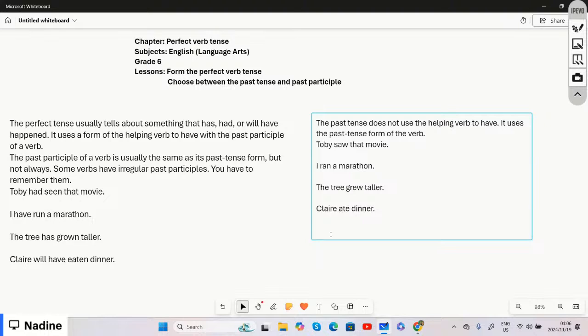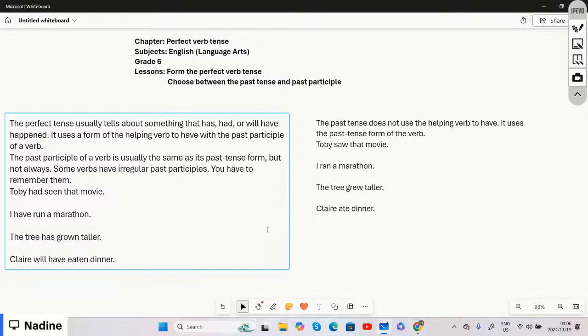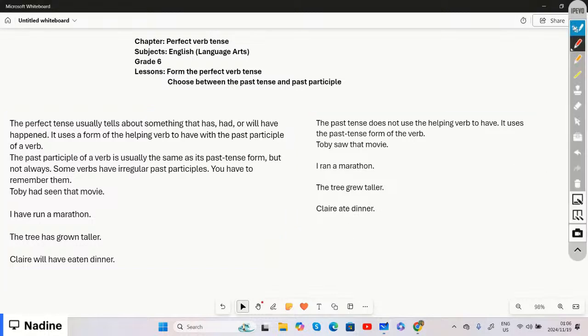And once again, we say that the perfect tense usually tells us about something that has happened, things that had happened, or things that will have happened.